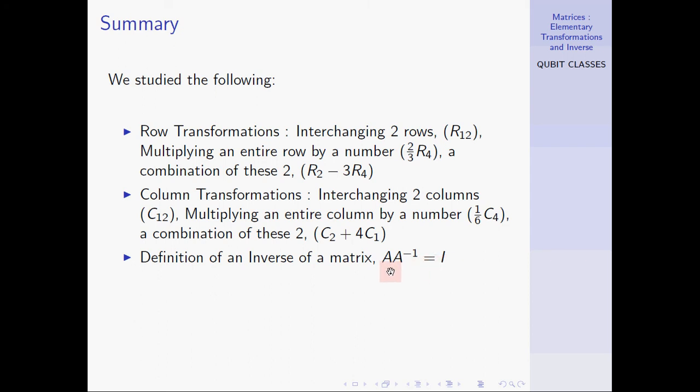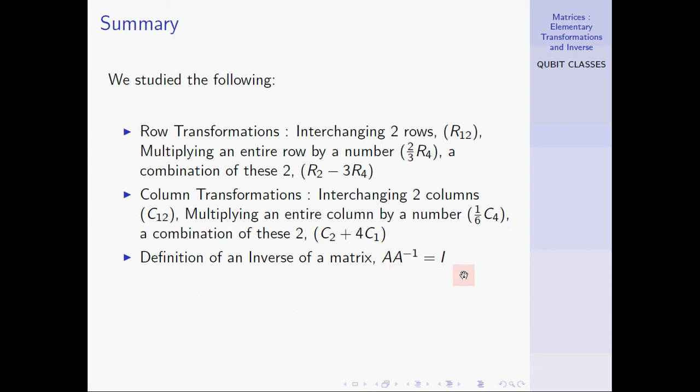But note that when we perform the operation of inverse on any matrix, we can't take this A inverse in the denominator of this I, because division of matrices is different. But if we have the number 2, we can write 2 into 1 upon 2 is equal to 1, and we can take this 1 upon 2 on the right hand side, but that operation is not allowed for matrices.